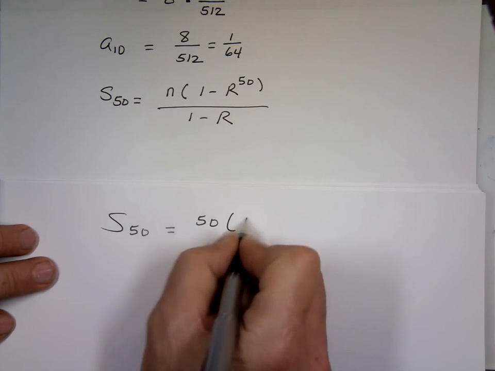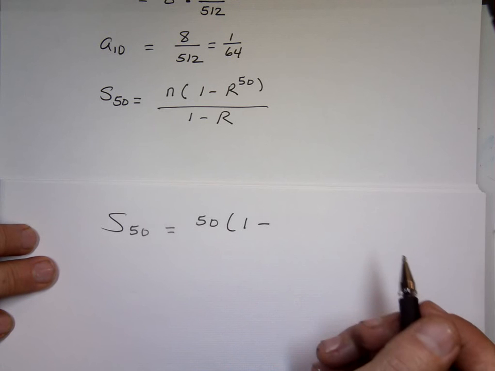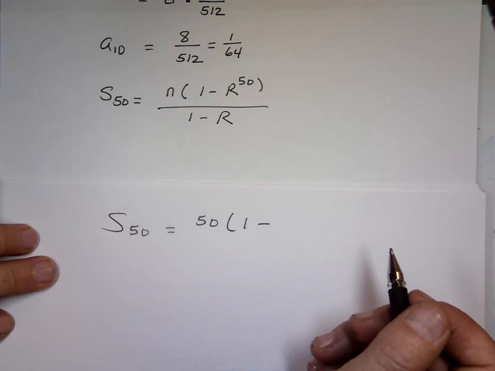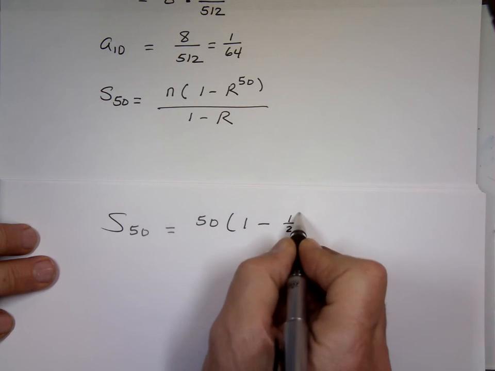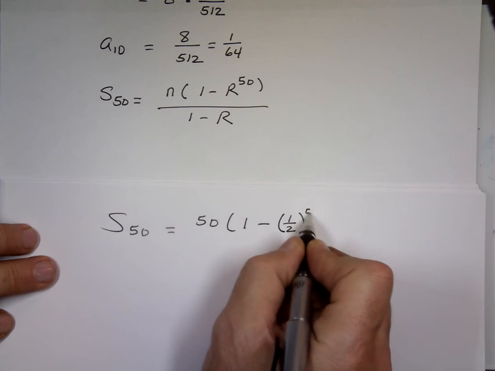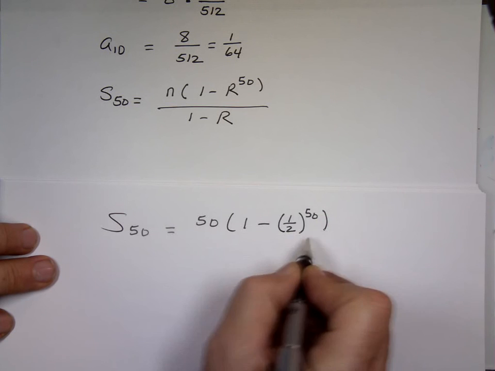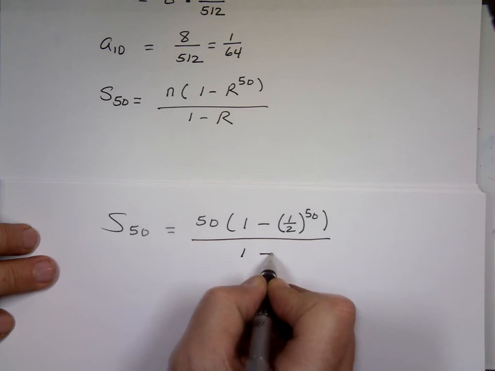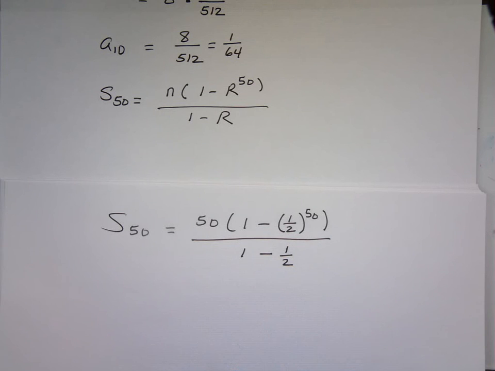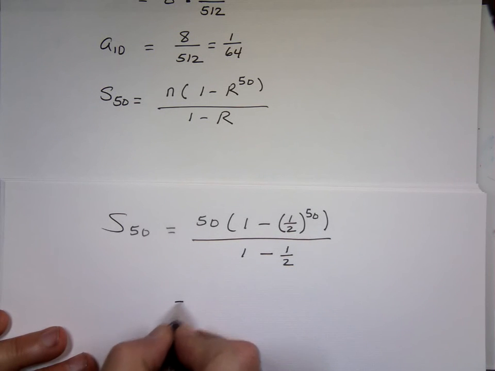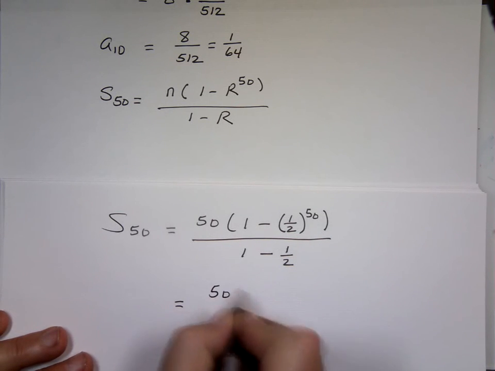I deserve this. I'm using massive numbers. 1/2 to the power of 50 over 1 minus r, which is what? 1/2. You'll see that number is almost a 0.